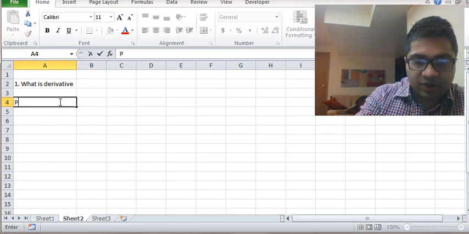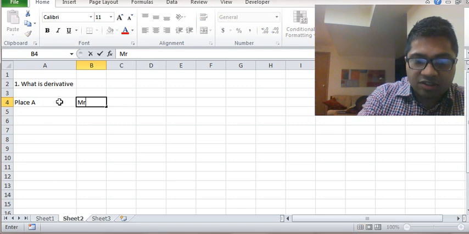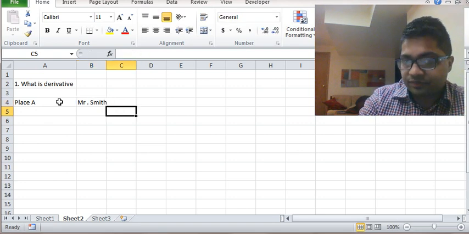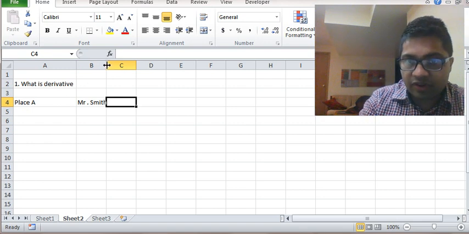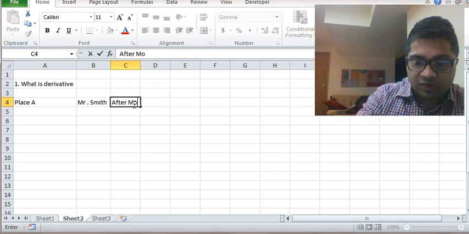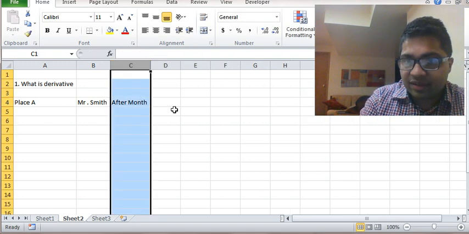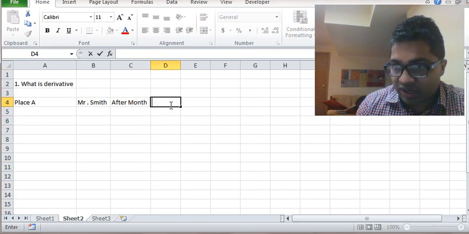So there is this place A, let's say, and Mr. Smith is the owner, and he's offering that place after 2 months. Currently it is rented out, but after 2 months it would be vacant, which exactly suits your timeline.